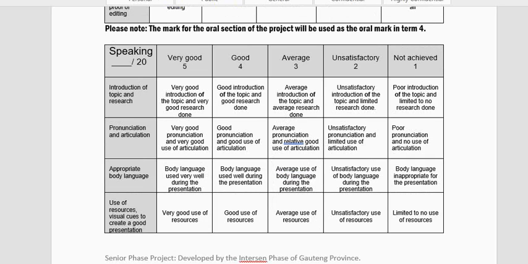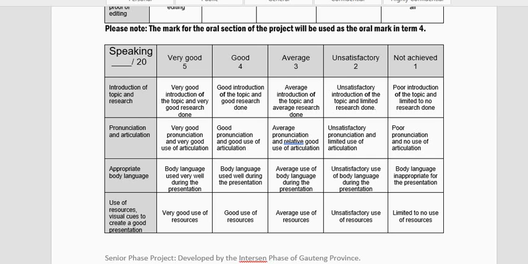Speaking, here is your oral presentation rubric and you can see it's also user friendly. Once again, the descriptors not achieved up to very good. The criteria. How did the learner introduce the topic and what was his research like? So it's the introduction and the research. Poor introduction, limited research. Unsatisfactory introduction, limited research. Average introduction, average research. Good intro, good research.